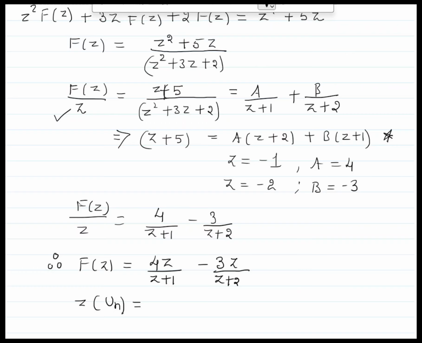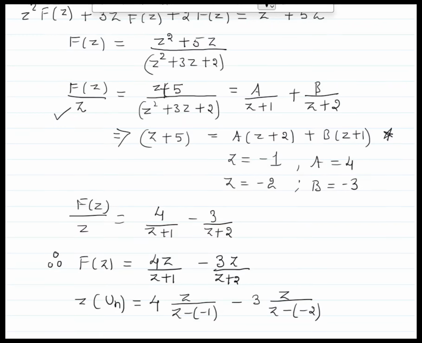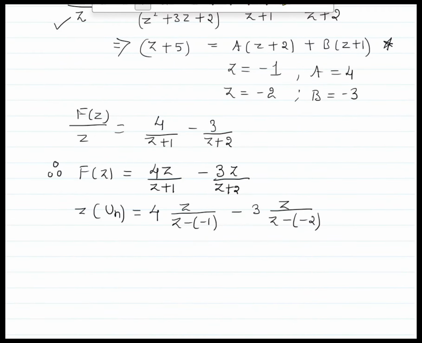Here u is dependent on n, that's why we are writing it this way. This is the formula, so we can write z minus 1 in terms of the formula. We are making the formula of the Z transform.